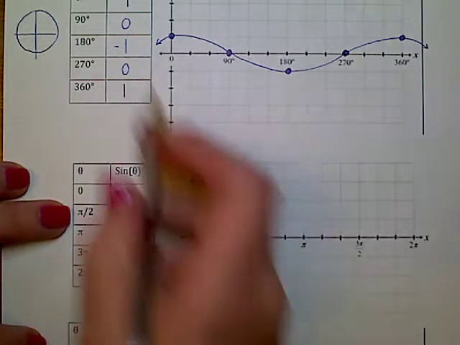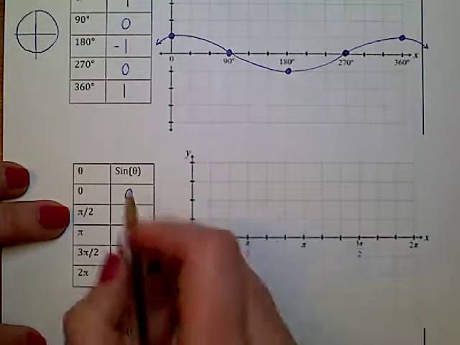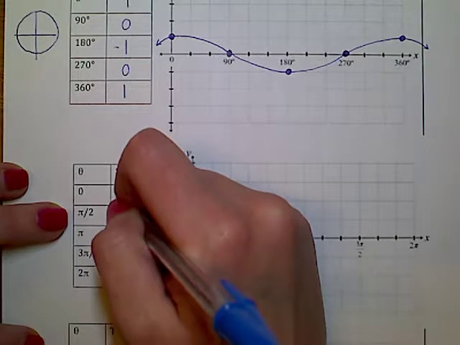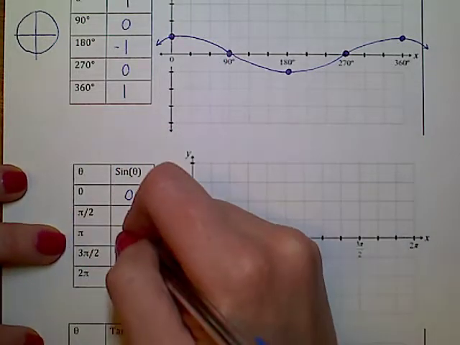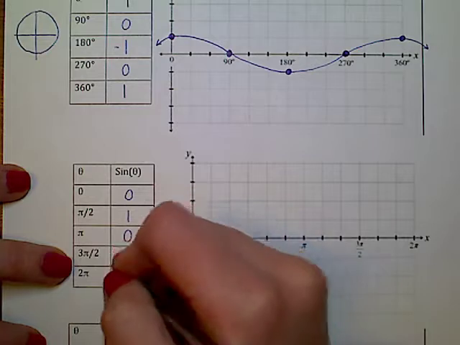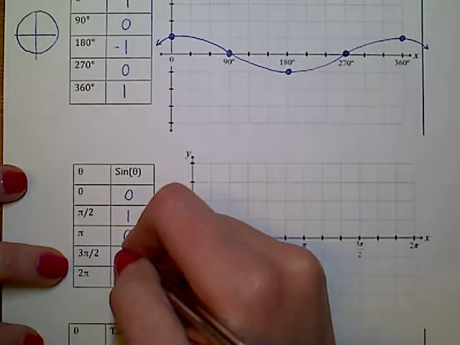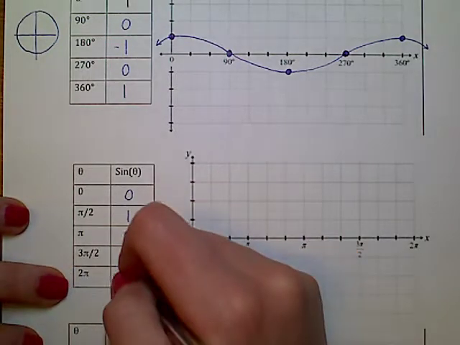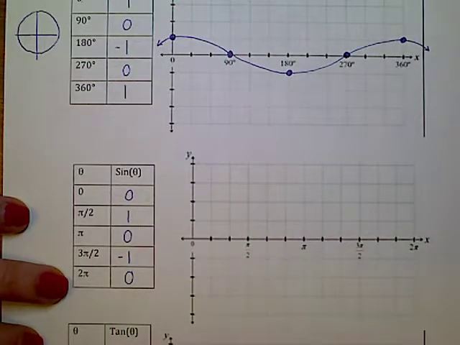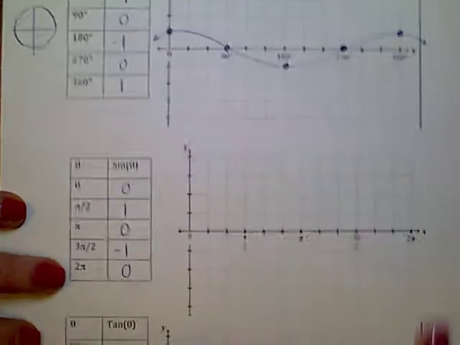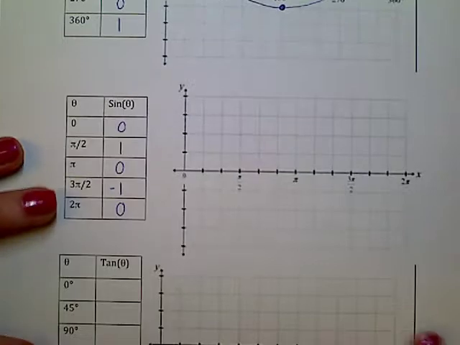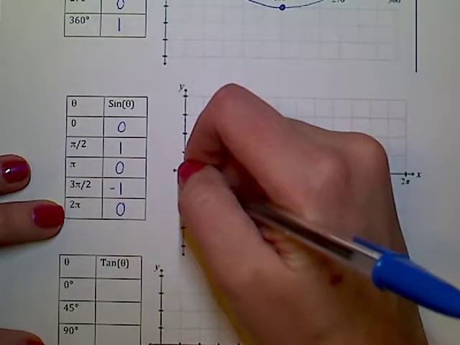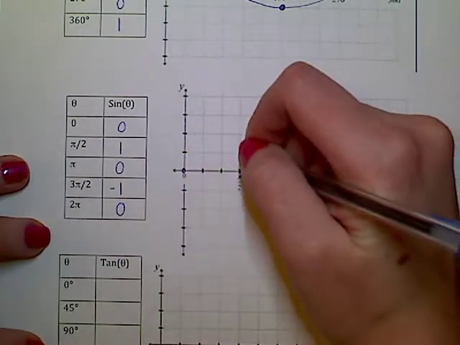At pi over 2, that's the same thing as 90. The y coordinate there is 1. At pi, it's 0. At 3 pi over 2, it's -1. And at 2 pi, we're back at 0. So again, these are the 5 important points that I would expect you to always be familiar with. And we're going to go ahead and plot them.